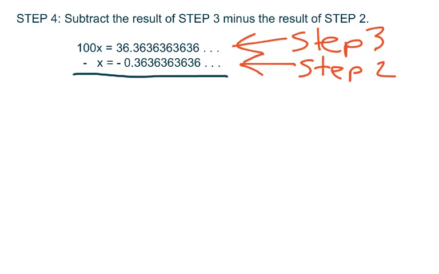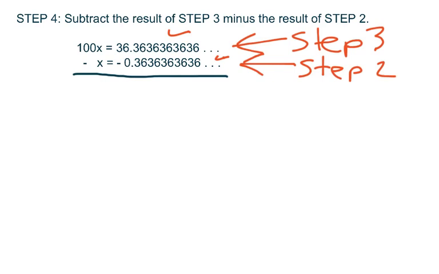You've got 36.36363636, forever and ever. And below that, subtracting 0.363636. Notice that everything to the right of the decimal place between the top line and the bottom line lines up perfectly.